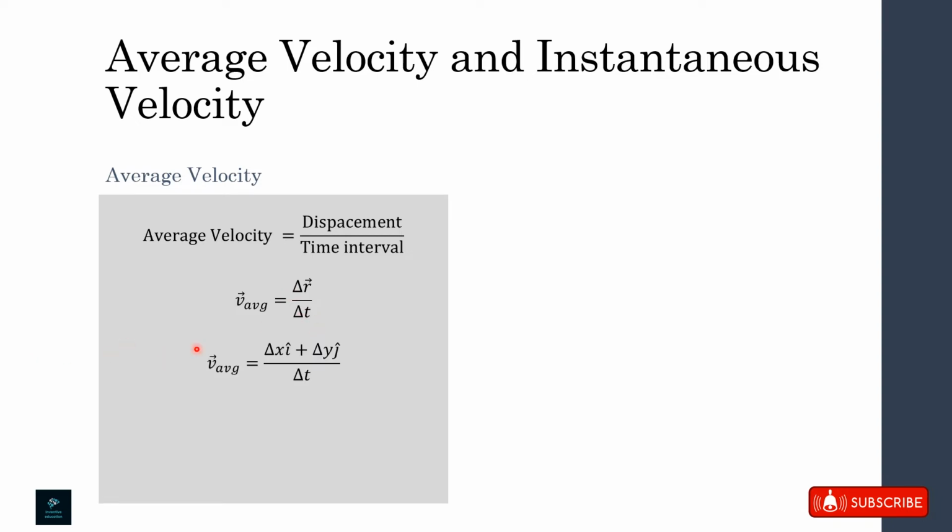This can be written in terms of its components as delta x i plus delta y j divided by delta t, and this is equal to delta x by delta t i plus delta y by delta t j. Now delta x by delta t is the x component of average velocity and delta y by delta t is the y component of average velocity. Therefore, V average is equal to Vx average i plus Vy average j.